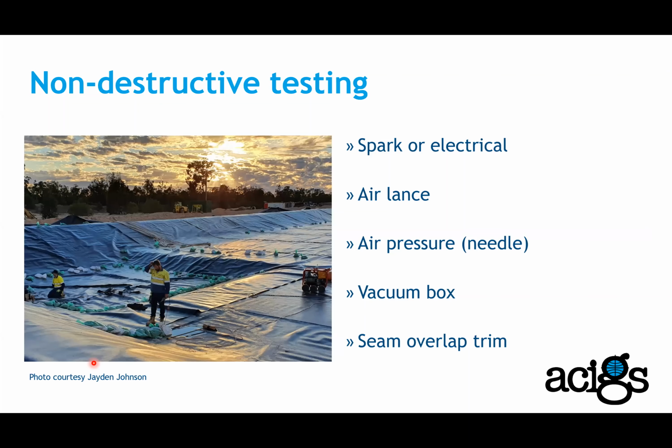So some of these tests are listed here: spark or electrical testing, air lance or air pressure, which is also called a needle test, vacuum box, as well as seam overlap trims. So again, the specification and design documentation must have adequate details around each of these non-destructive tests that can be adopted on site.